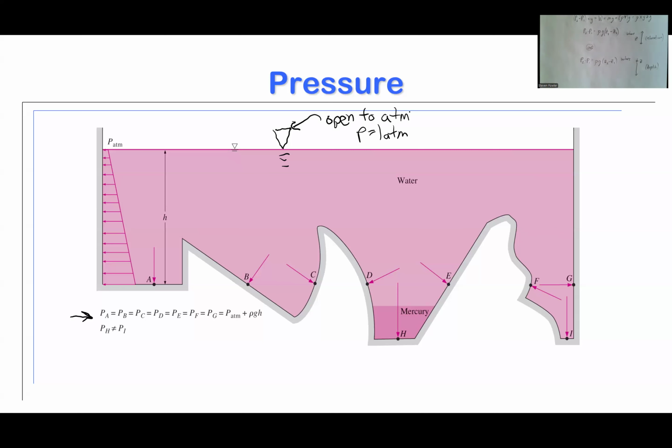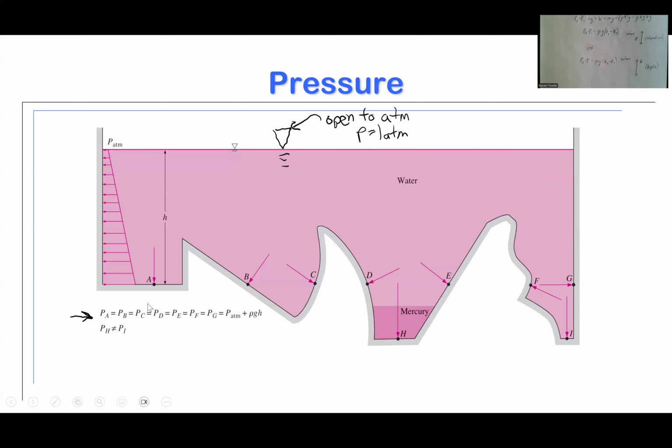So you can see the smaller version of it right here, and that's what they're telling you. And so what they're telling you is that the pressure at any point down here is equal to the initial atmospheric pressure plus the change in pressure based on the column of fluid to get down there.